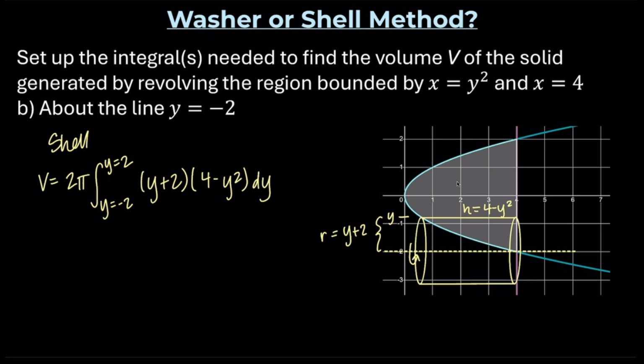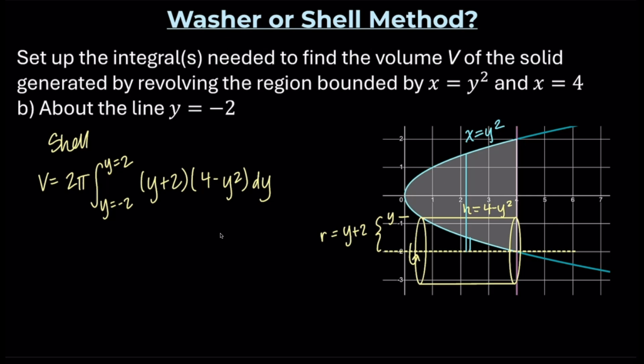And then just to explain why we did not use the washer method, for the same reason as the last one, if I were to have used the washer method, if I start from the axis of rotation and I attempt to go to the function that's furthest away to find the bigger radius, I'm going to hit the function x equals y squared, and then the closer function is still x equals y squared.